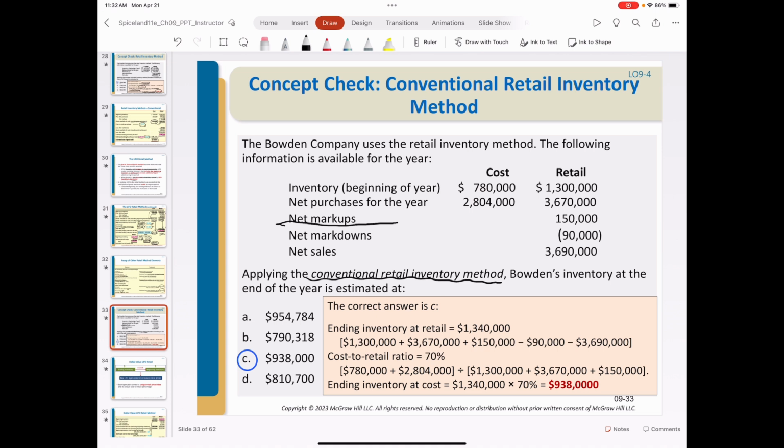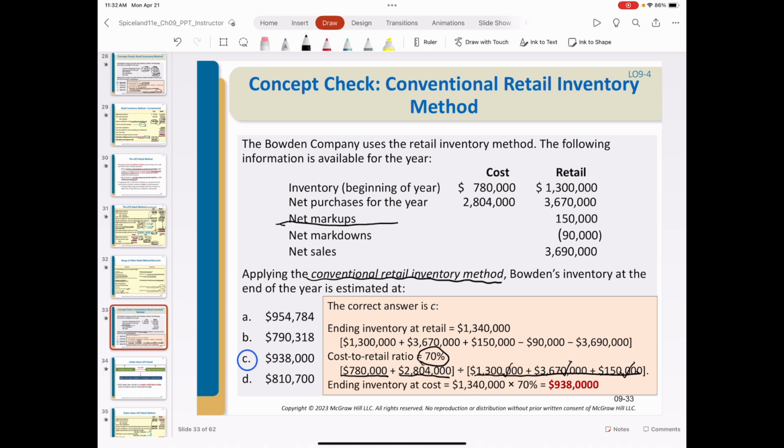We exclude net markdowns to determine the cost-to-retail ratio. So ratio 70% is determined by the beginning balance at cost plus purchase at cost, so that's goods available for sale at cost, divided by beginning balance of inventory at retail plus purchase at retail, and only add net markup, no markdown.